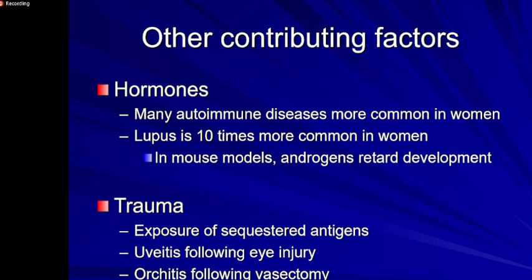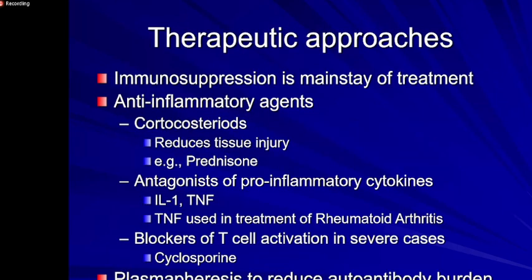They'll enter the circulation, will go back and now target the specific tissues. So sequestered antigens is an important aspect.